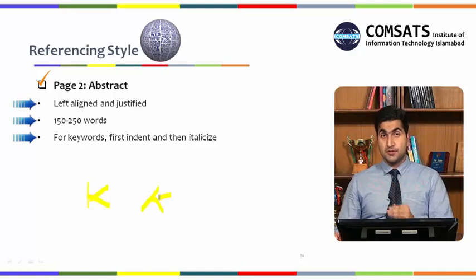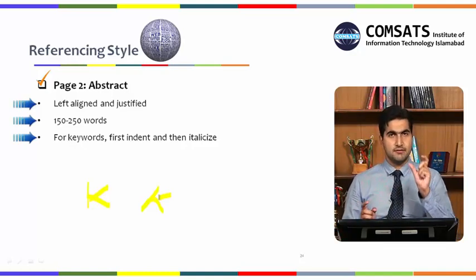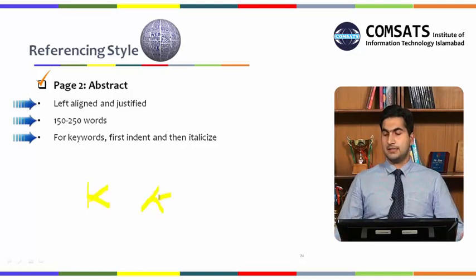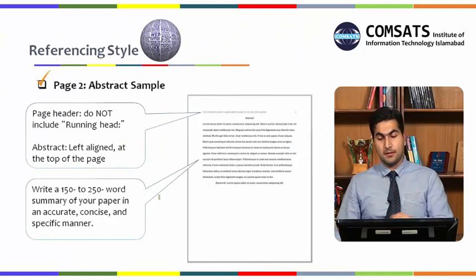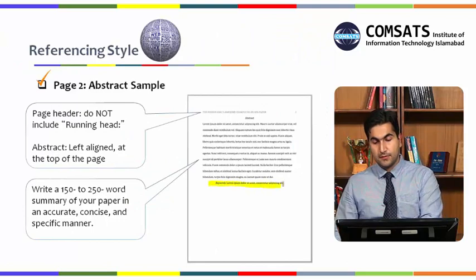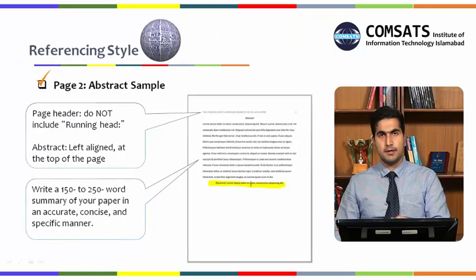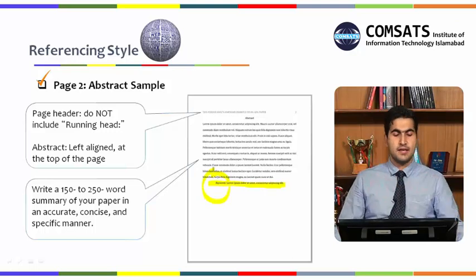However, the rest of the keywords, which are the ones used within your research, should not be in italics. Only the word keywords itself should be. If we look at the example, the keywords have been provided, whereas the word keywords itself is written in italics and the rest is all the same.